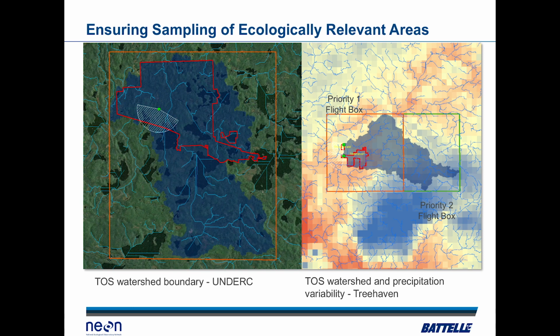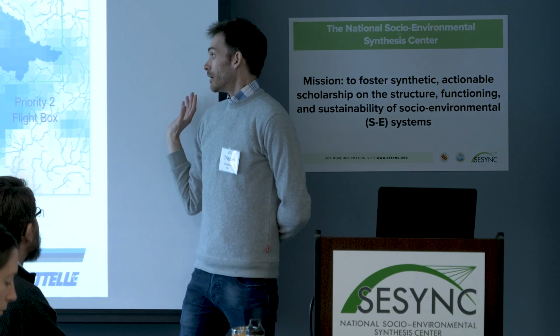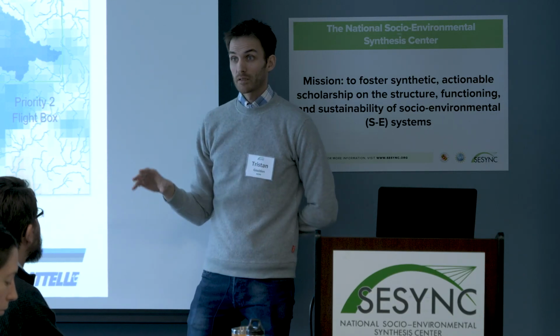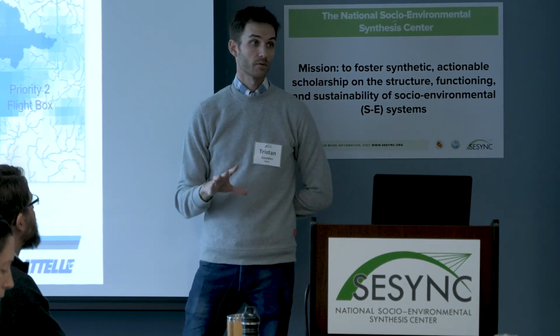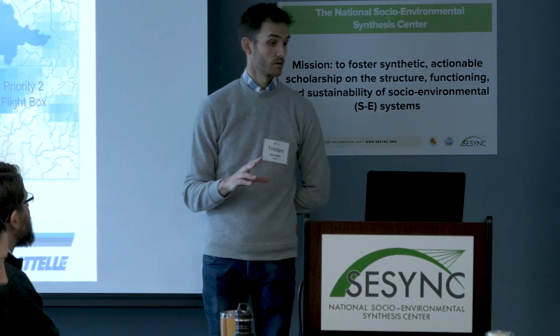This is Treehaven, which is a site in our D5 domain, and the sampling area for Treehaven is just this area right here. We defined our 10 by 10 kilometer box around that, but then we found that the watershed containing those sites was well beyond that box, and so we extended that box around to capture the entire watershed. This is not possible everywhere. Some sites have absolutely enormous watersheds. It's just not possible for us to sample the entire watershed with the airborne platform.